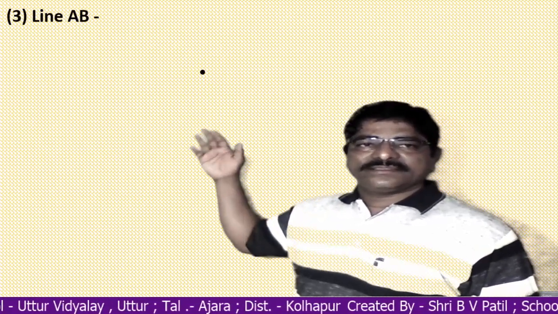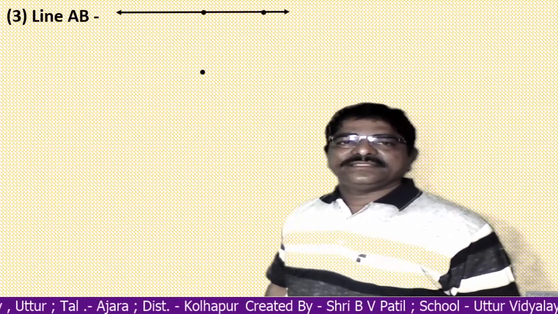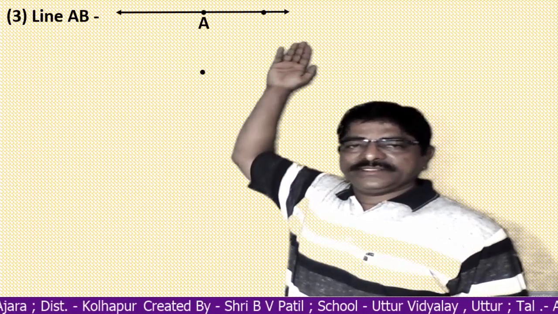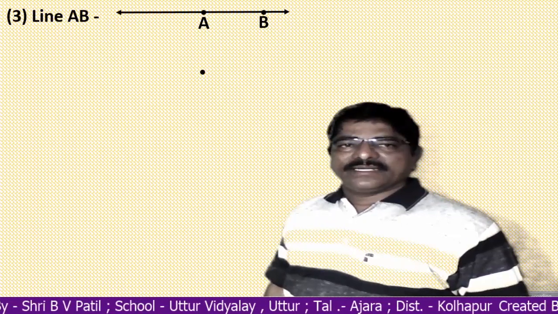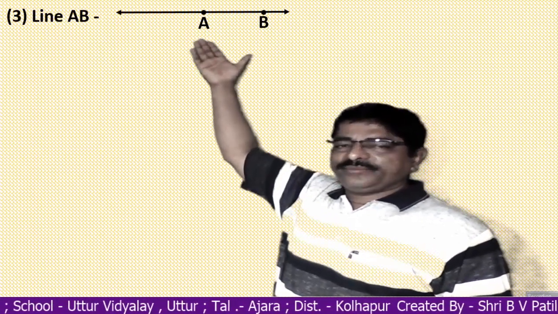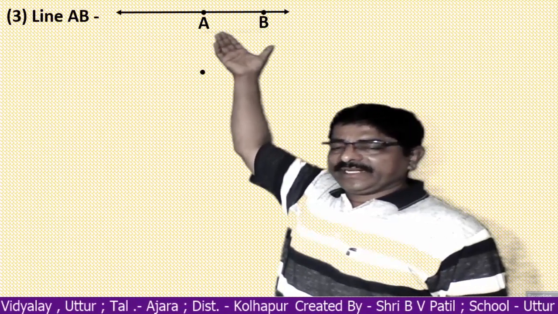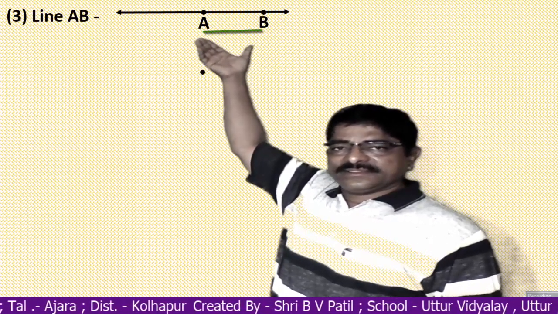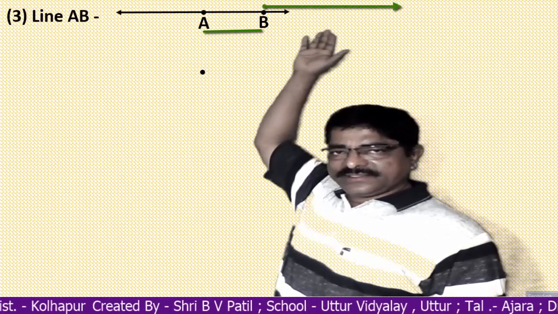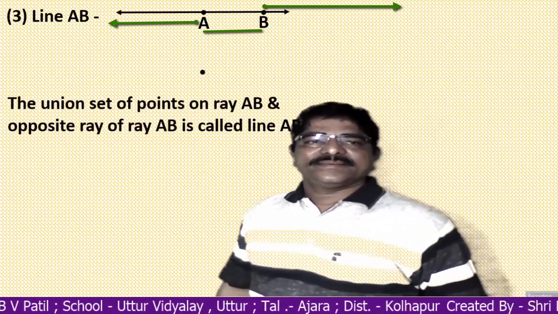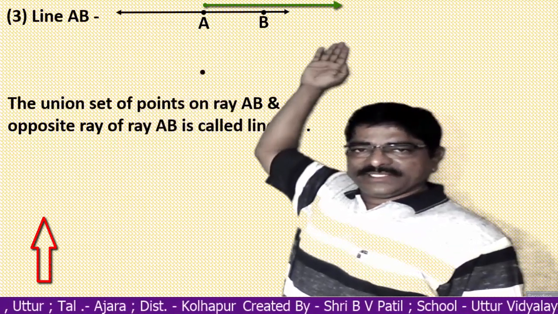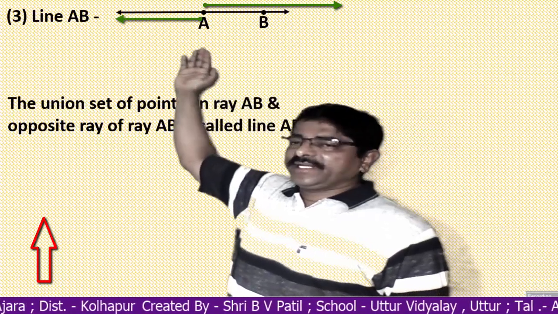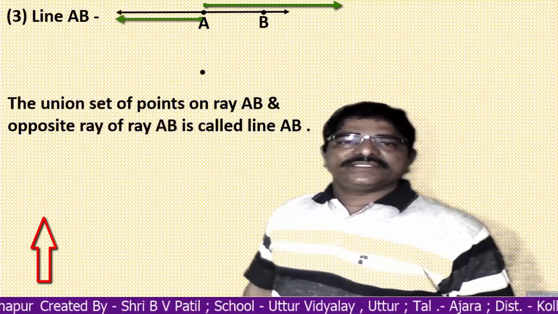Then next we consider line. Here are point A and point B. In the previous figure we considered segment AB, and if that segment AB is extended on the right side also and on the left side also, then that figure becomes a line. The union set of points on ray AB and the opposite ray of ray AB is called line AB.